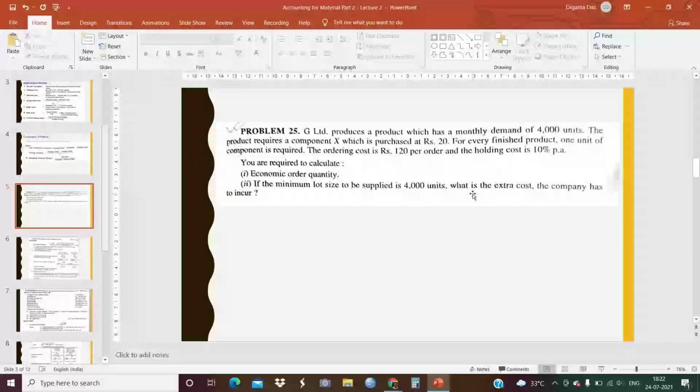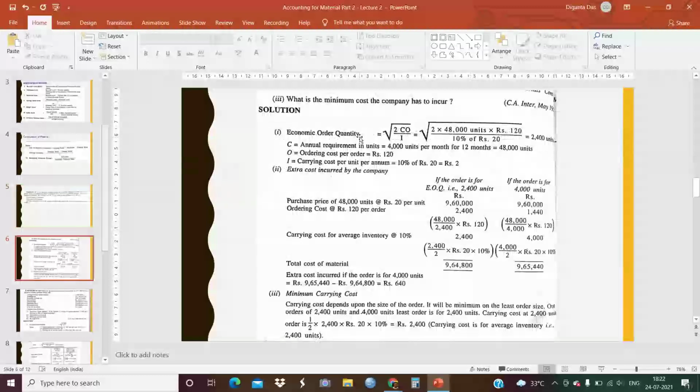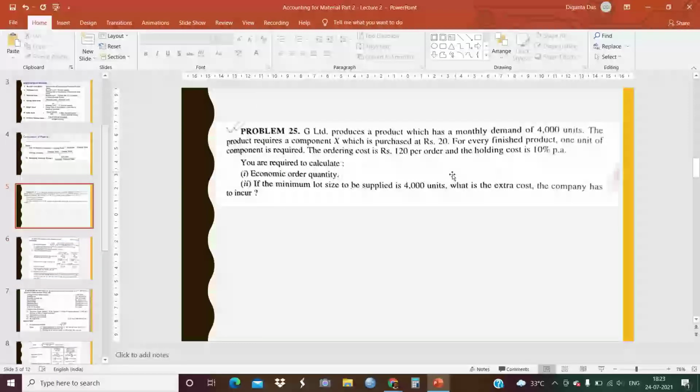So in this way, we have to calculate the total cost. How are the total costs calculated? Let's see. First of all, we should calculate the economic order quantity by applying the formula square root of 2CO divided by I. 2 means 2, C means annual consumption. Here 4,000 units is our monthly consumption, so annual consumption is into 12, that means 48,000 units.